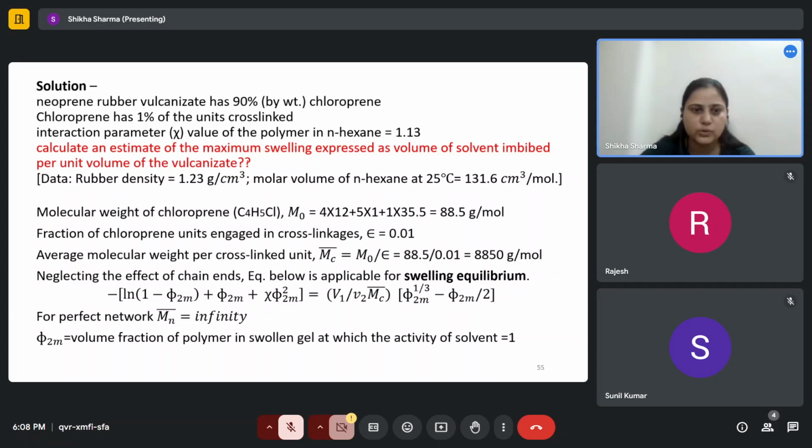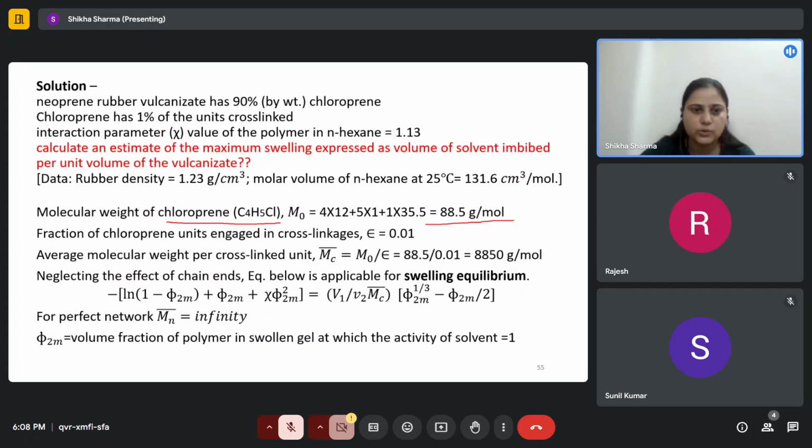The molecular weight of the monomer, chloroprene, can be calculated from its formula, C4H5Cl: 4 times 12 plus 5 times 1 plus 1 times 35.5 is 88.5 gram per mole. And we are saying that 0.01, which is 1% of the chloroprene units, is cross-linked.